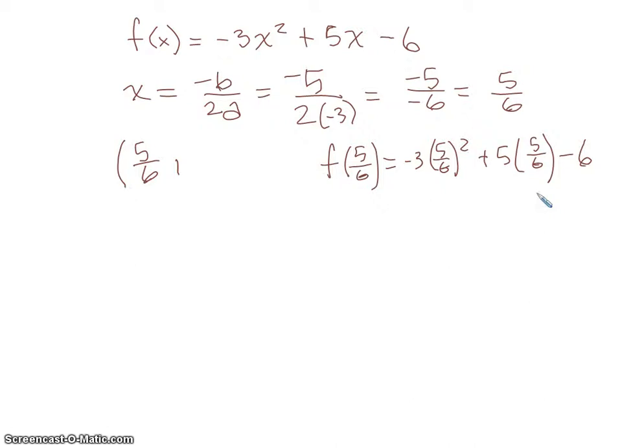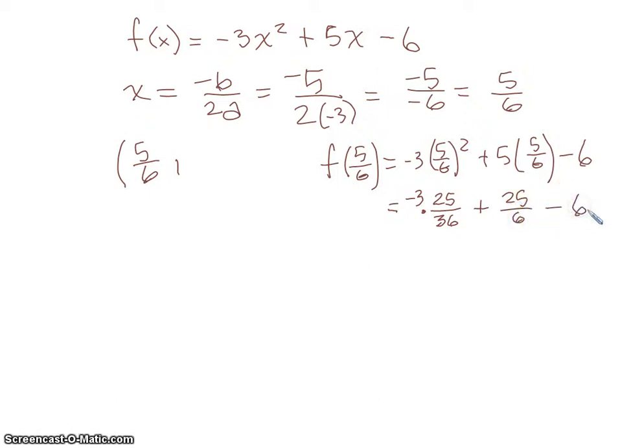And if you've got your TI calculator, you could just type this in right there as you see it, and it'll give you a nice decimal answer. But what the heck, let's go ahead and do the math. If I square 5/6, I get 25/36, which I am multiplying by -3. And then I have 5 times 5/6, which is 25 over 6.